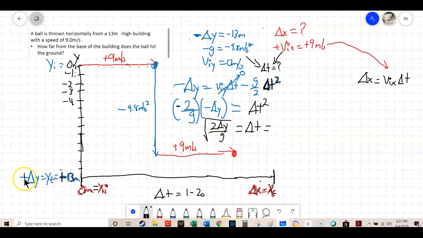Since this thing is falling 13 meters below its initial position, I already put the negative in the equation, so you're going to get the square root of 2 times 13 meters below its initial position. The negative was taken care of right here. I don't know why I started plussing things. I apologize.